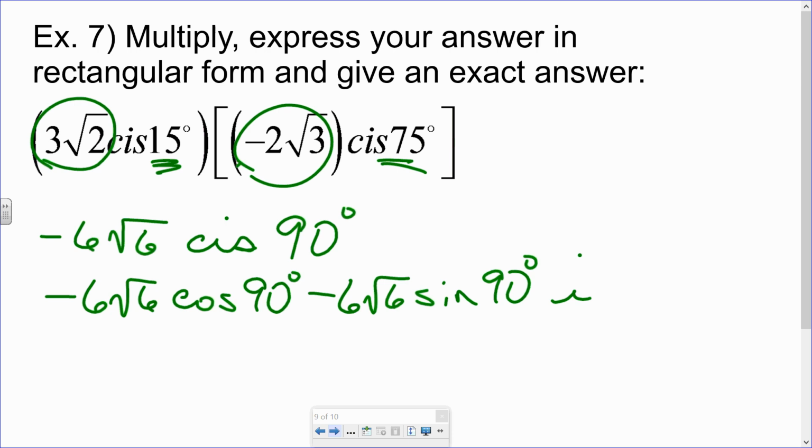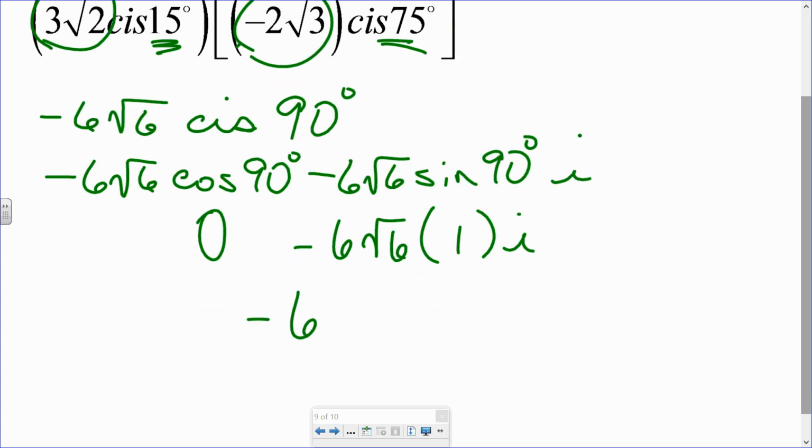Do we know what cosine and sine of 90 are? Top of the unit circle, what's the cosine? 0 on the sine. So final answer, negative 6 root 6 i.